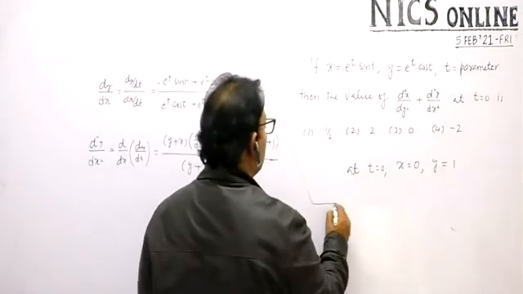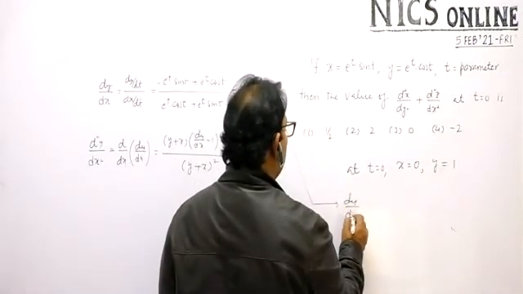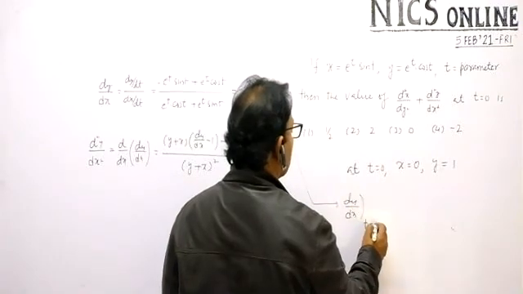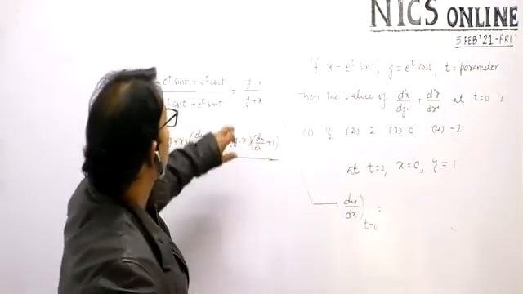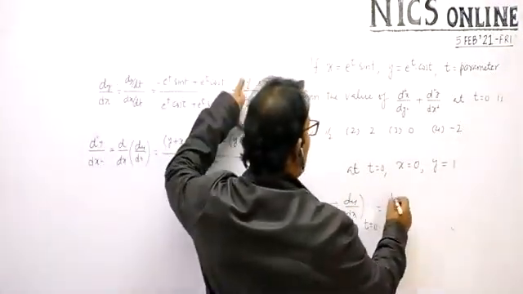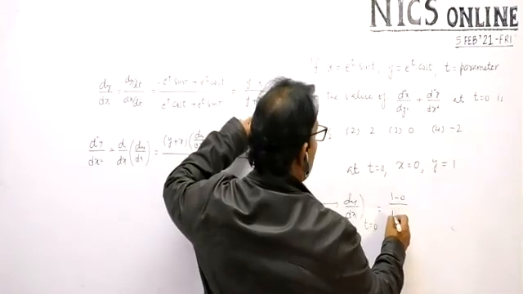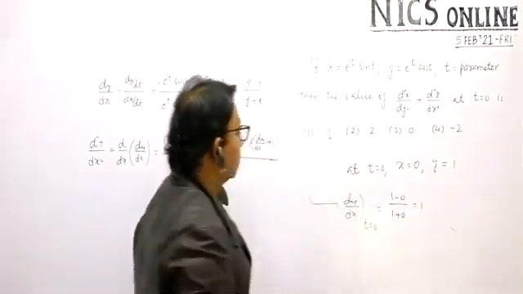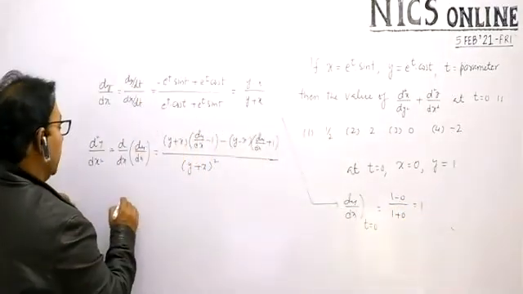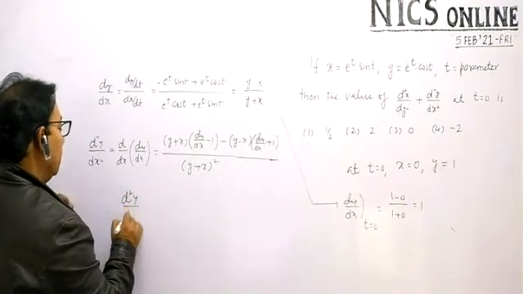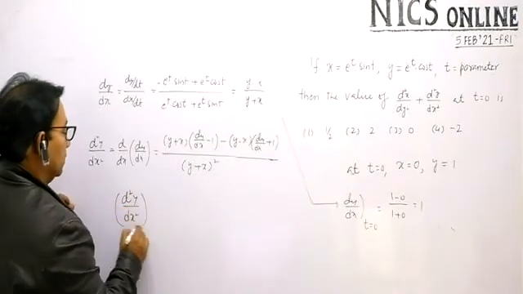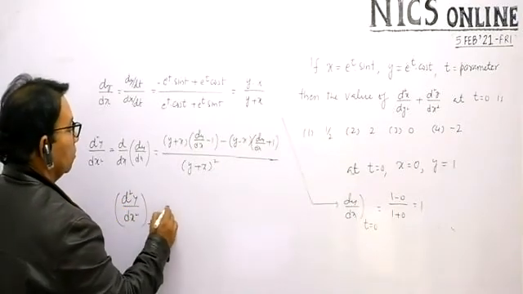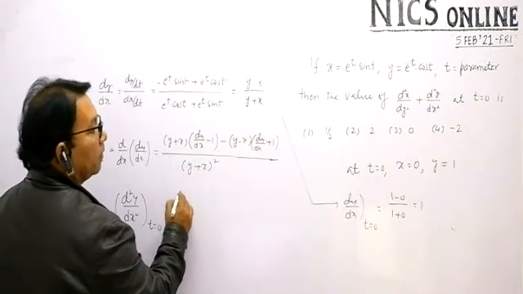Also, you can find out the value of dy by dx at t is equal to 0. T is equal to 0 पे y 1 था, x 0 था. So therefore the value is 1. So we can substitute it directly. So d2y by dx square at t is equal to 0 comes out to be y की value कितनी है?